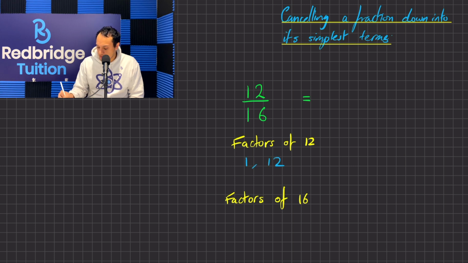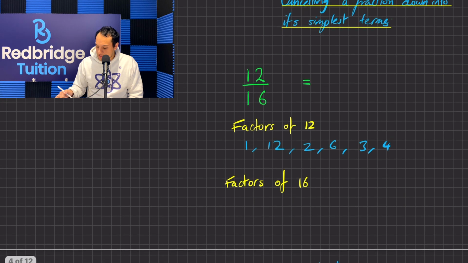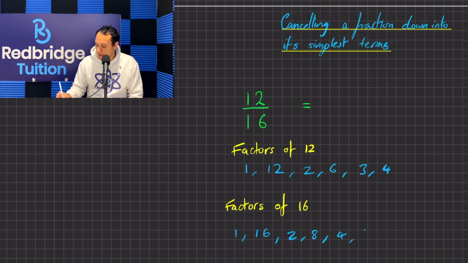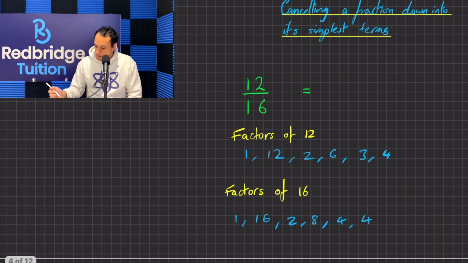So the factors of 12 are 1 and 12, 2 and 6, and 3 and 4. Okay. And then if we look at our factors of 16, it's 1 and 16, 2 and 8, 4 and 4. Because 4 times 4 is 16. It's a square number.